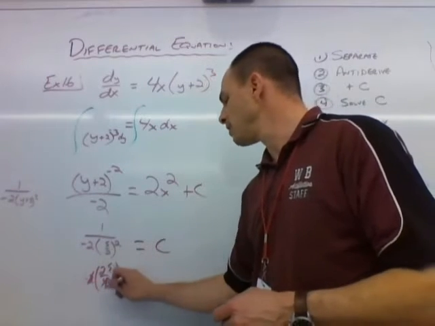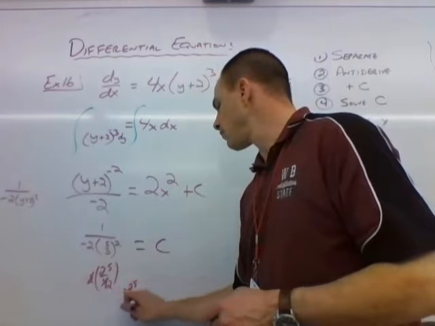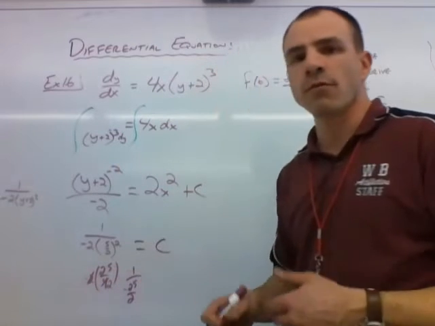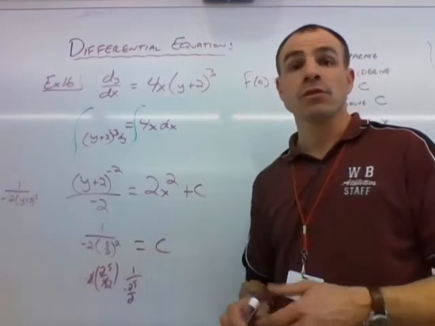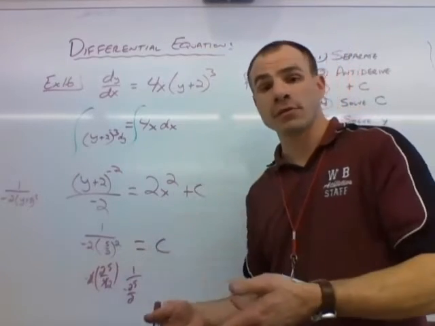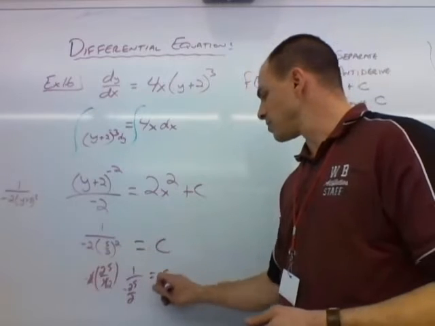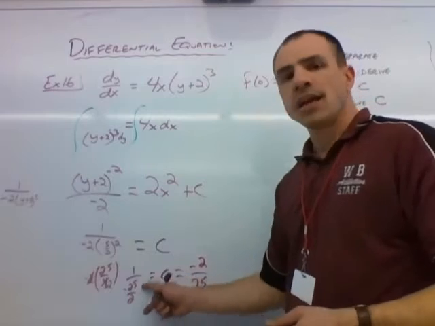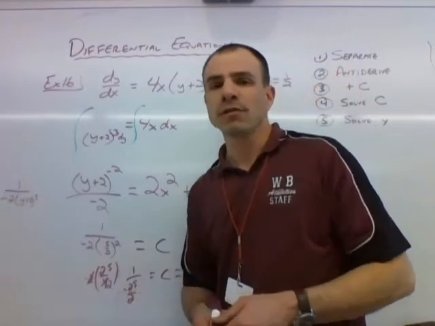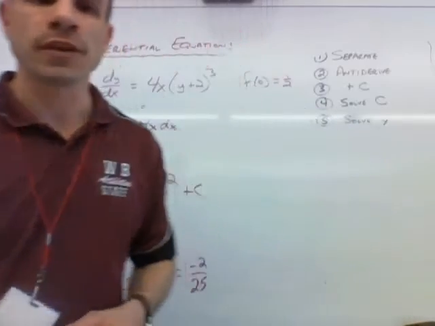So we have negative 25 over 2 in the denominator. So we have 1 divided by negative 25 over 2. So we're dividing by a fraction, which means we multiply by the reciprocal. So this is our c, which is also the same thing as negative 2 over 25 if we reciprocate that. So we got a little bit of arithmetic that we have to deal with for our simplification purposes.